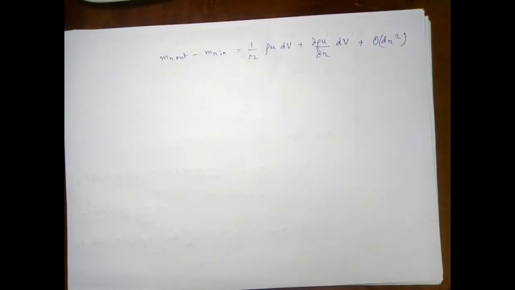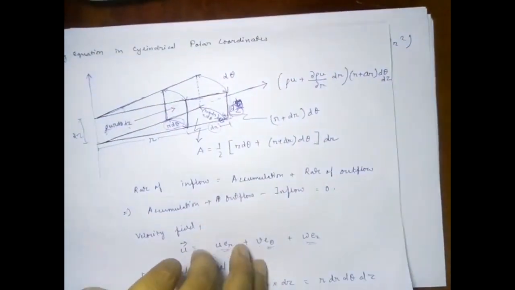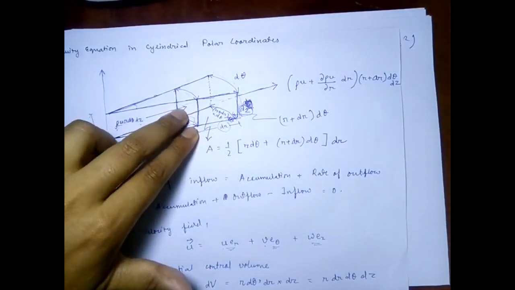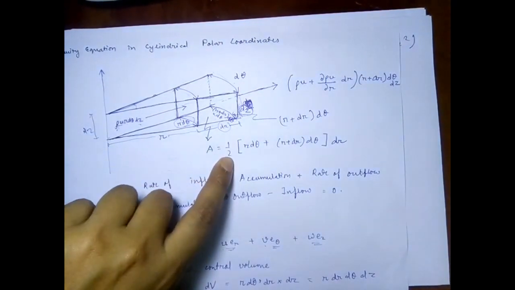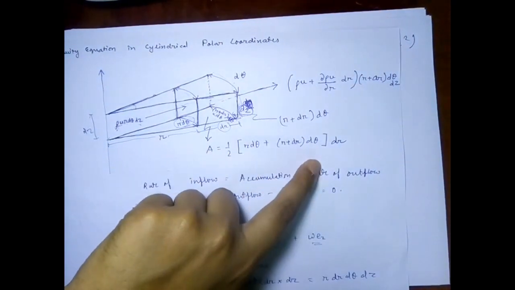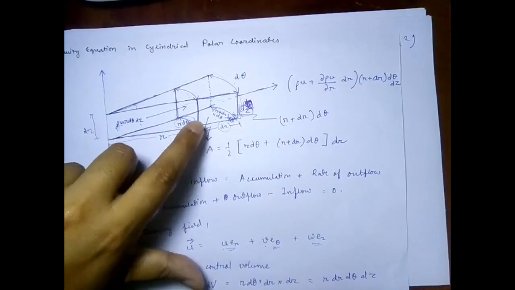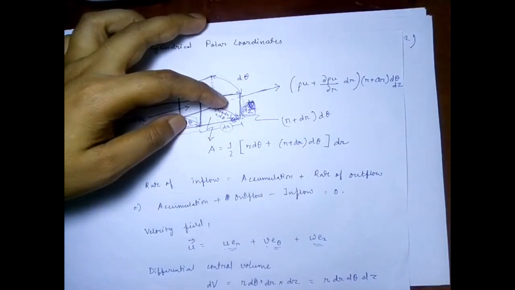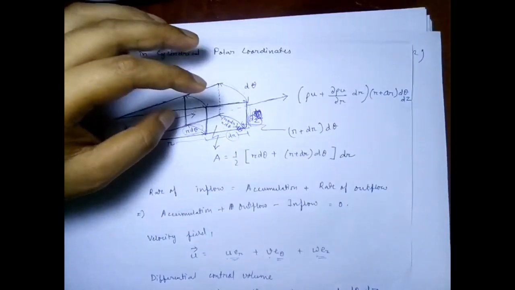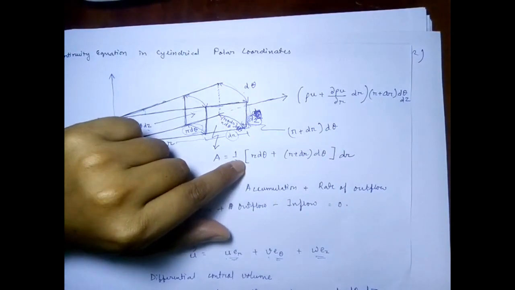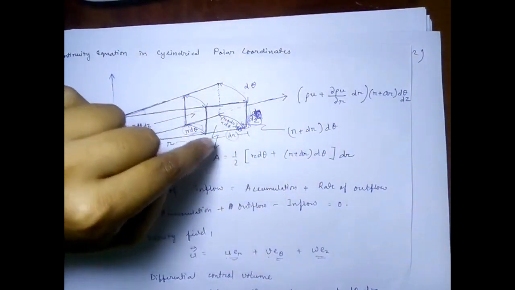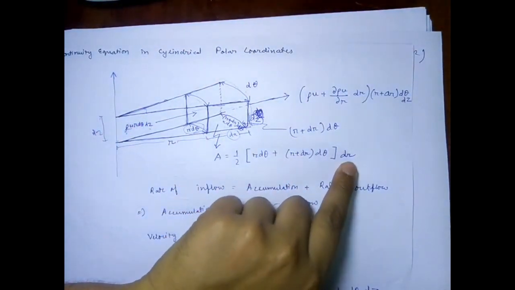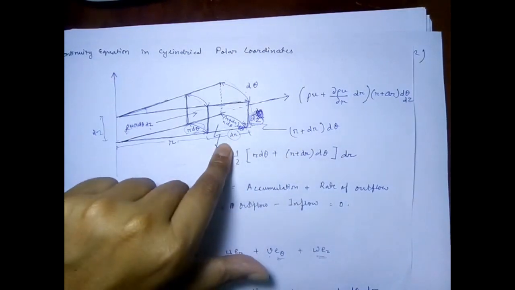The area of this plane will be like an area of a trapezium, and it will be half r d theta plus r plus dr d theta, because this part is r d theta and this part is r plus dr d theta, these two arcs, and you know the area of a trapezium is half multiplied by the sum of parallel sides, multiplied by the height or the distance between them, that is dr.